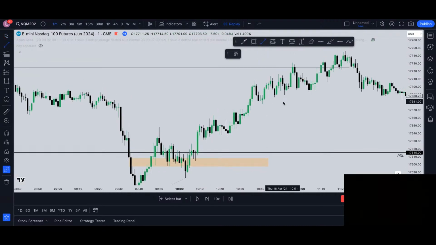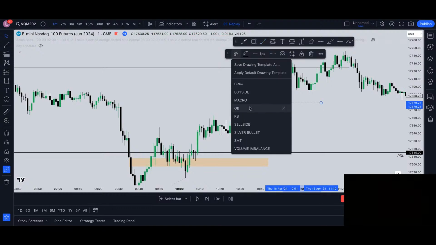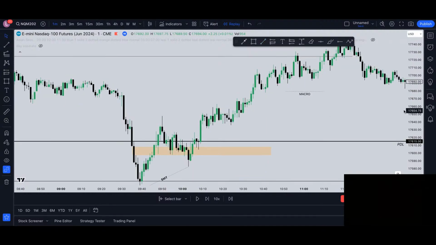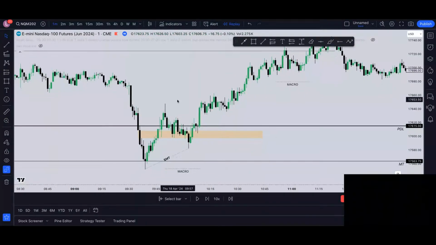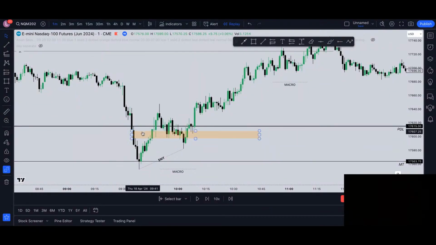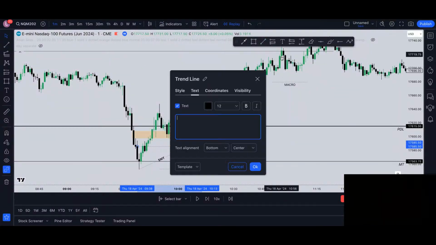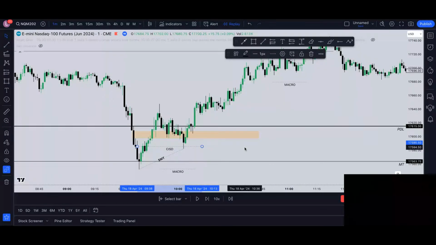This last macro just tagged the buy side. So over here we can see a nice good displacement to the outside, to the upside. Price came back to this fair value gap, and this candle is your change in state of delivery.